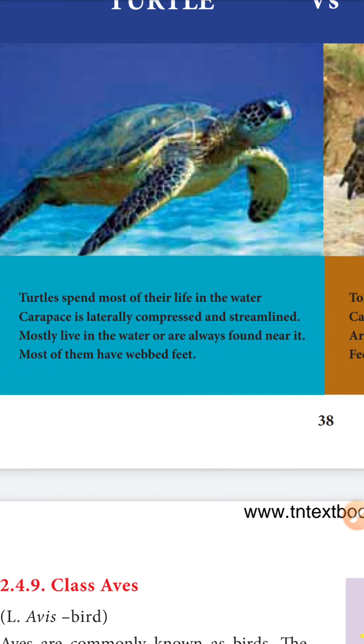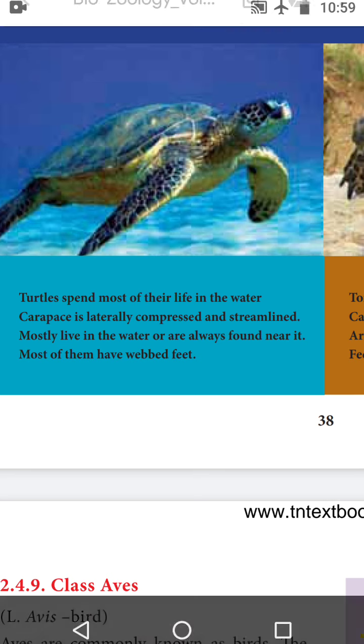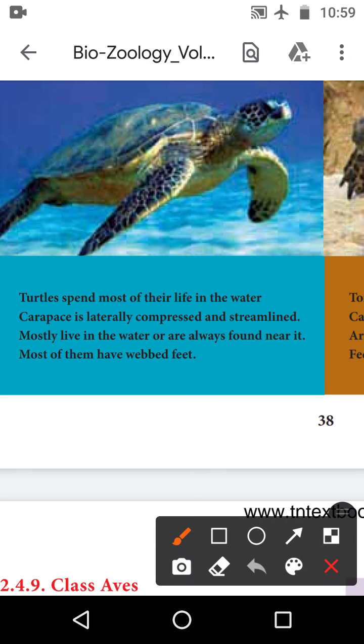Turtles spend most of their life in the water. The carapace is laterally compressed and streamlined. They mostly live in the water or are always found near it. Most of them have webbed feet. So this is the turtle, and it mostly has webbed feet.